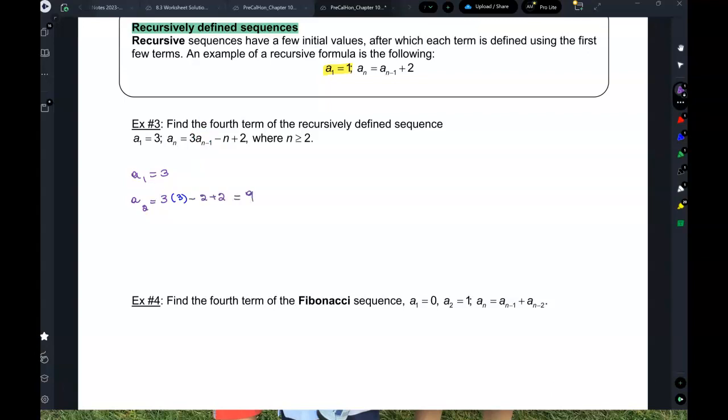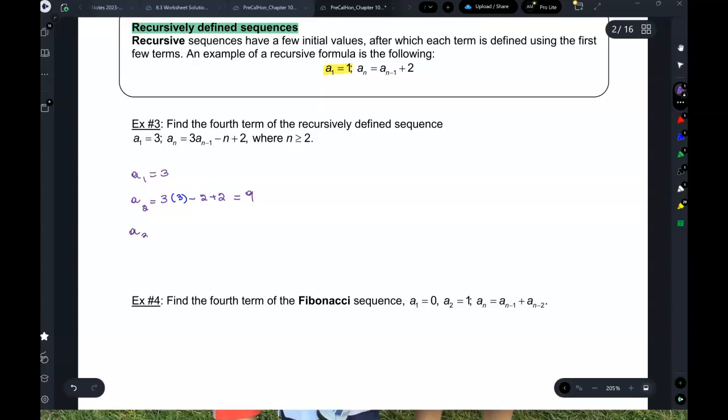So that would be 9. This one is the value right before this, and then this is just n, which is 2. Why is it 3 times 2? Because the formula is 3 times the value right before.